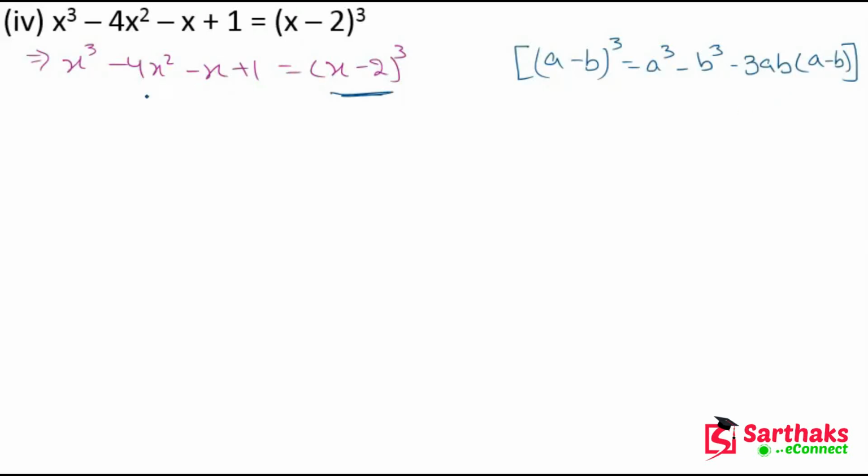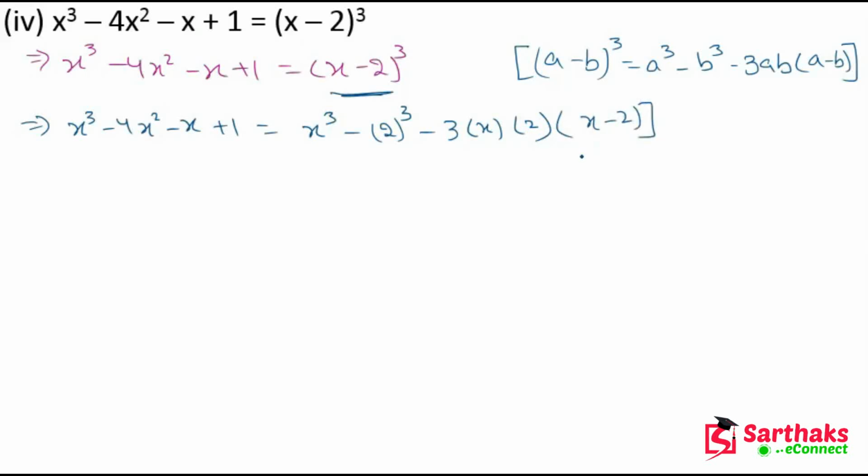Okay, now we have to solve this equation like this. So x cube minus 4x square minus x plus 1 is equal to x cube minus 2 cube minus 3 into x into 2 (x minus 2).